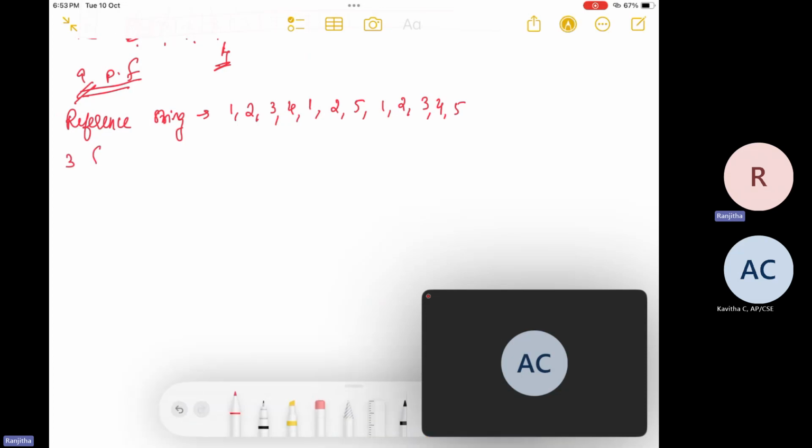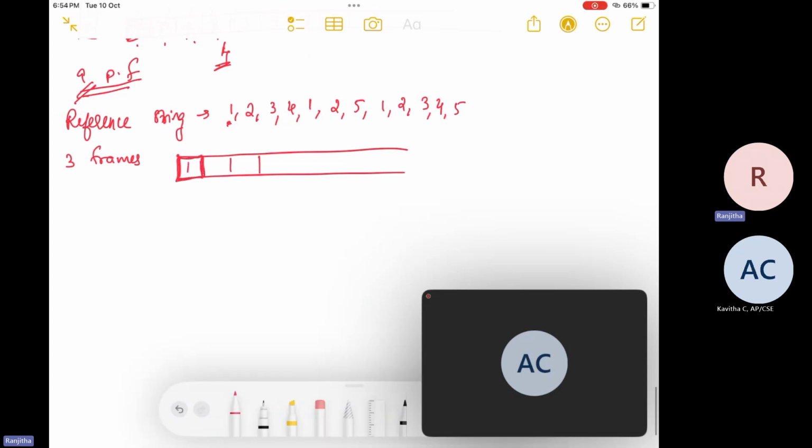Let's first take 3 frames. So as I said, initially 1, 2, 3. So we have a free frame. When the process referred to this particular page 1, there will be a page fault, but we have a free frame, so there will not be a page replacement here, but there is a page fault.